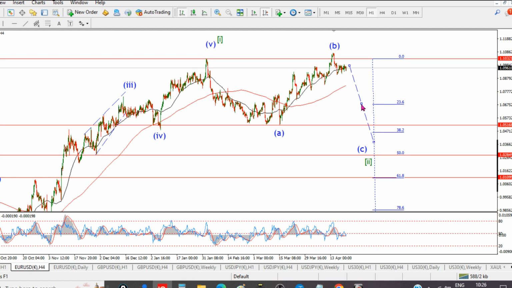I'm looking for a C wave decline somewhere down around 102, 103, maybe lower, to complete a three wave expanded flat correction. My mouth is ahead of my mind here, let my mind catch up a second. You can see that we've got an A wave down, we've got a B wave up, most likely, and we should be heading lower in a wave C.